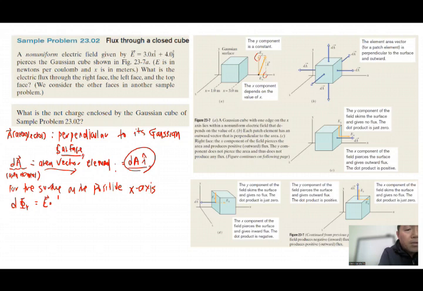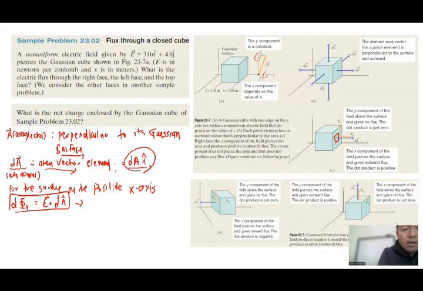That is the flux passing through the small area dA on that face. Now the next step is to estimate the total flux out of that surface.